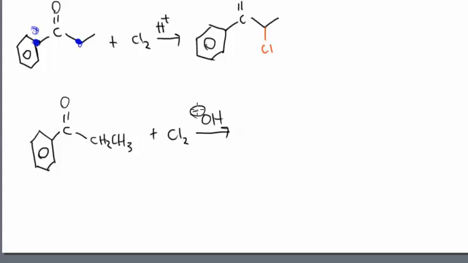The halogen still targets the alpha carbon as long as it has alpha hydrogens on it. And what happens here is that it doesn't just replace one hydrogen, it replaces every single alpha hydrogen that we have available.